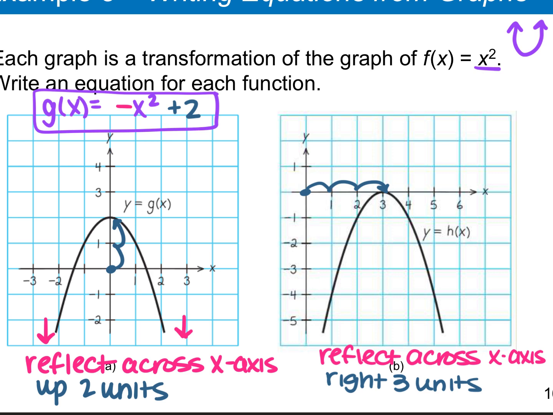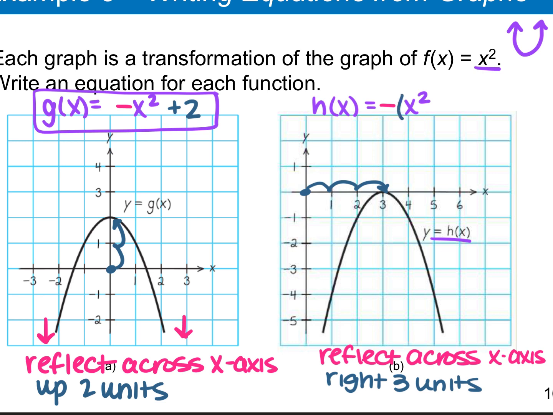So this also tells us that this one's being named h of x. So we're going to have the parent function of f of x is equal to x squared, so our new function is going to be h of x is equal to x squared. Something's going to happen to that x squared. You're reflecting across the x-axis, so your negative goes in front of the x squared. You also are moving 3 units to the right, so that's inside the parentheses with x.